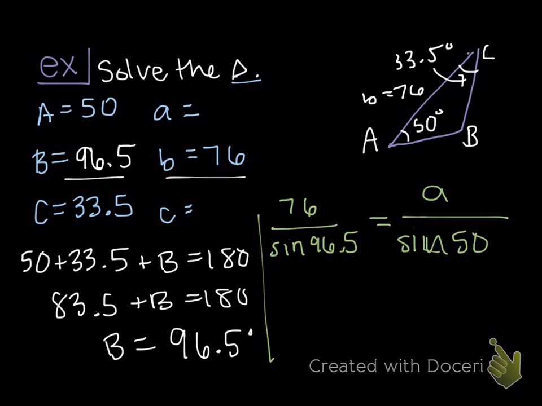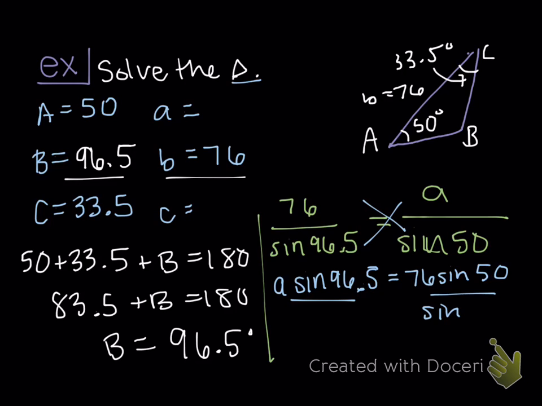And to solve this, we're going to cross multiply. So I'll have A sine of 96.5 equal to 76 sine of 50. And then we'll divide both sides by sine of 96.5.